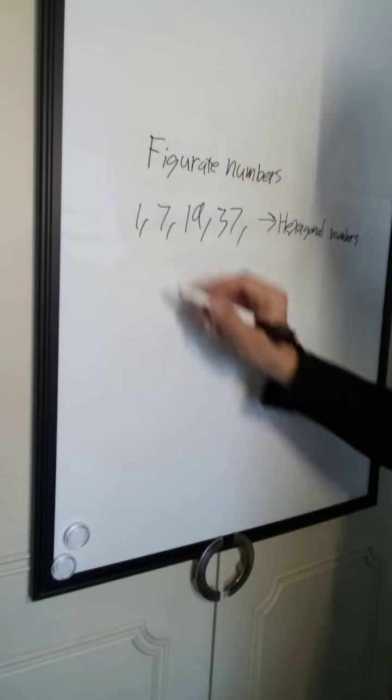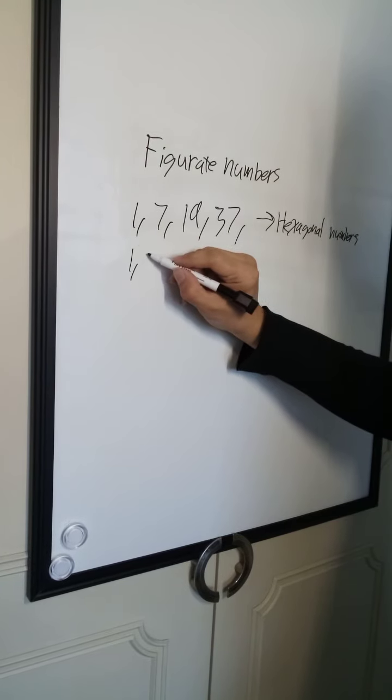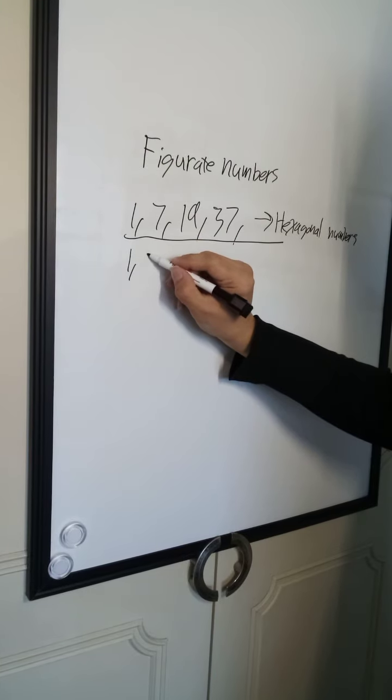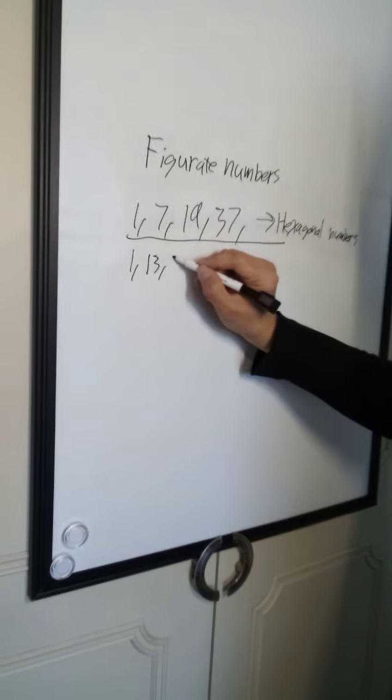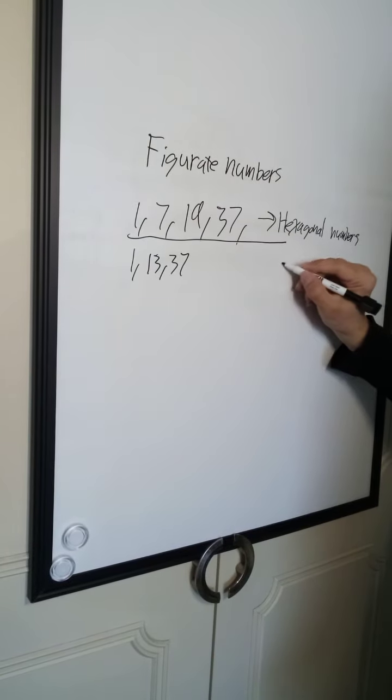And then there's also the star numbers: 1, 13, 37. So you notice 37 is both a hexagonal and a star number.